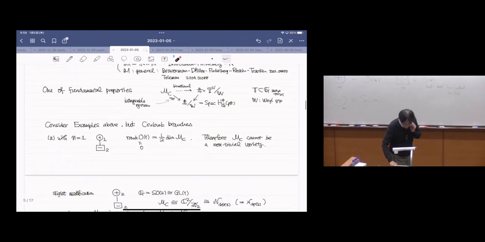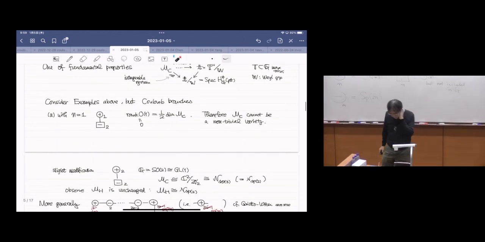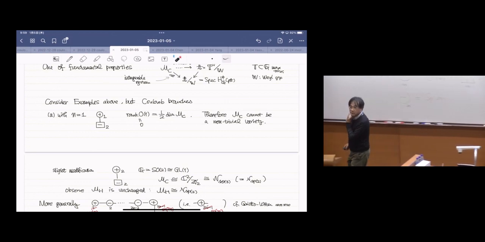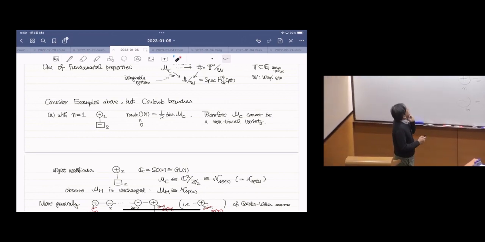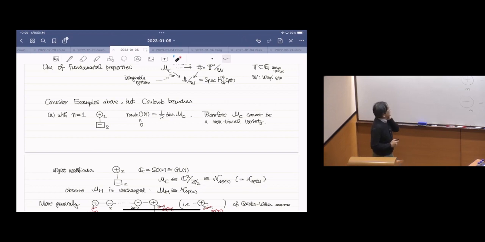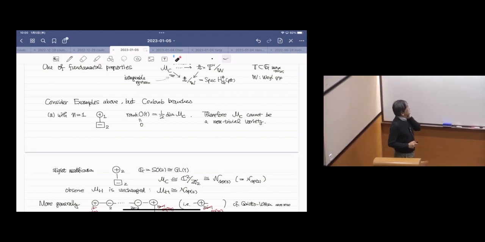But in this particular case, you can modify the construction slightly. Instead of O1, you increase the dimension by 2, and we don't take O2, we take SO2. Then SO2 is GL1.